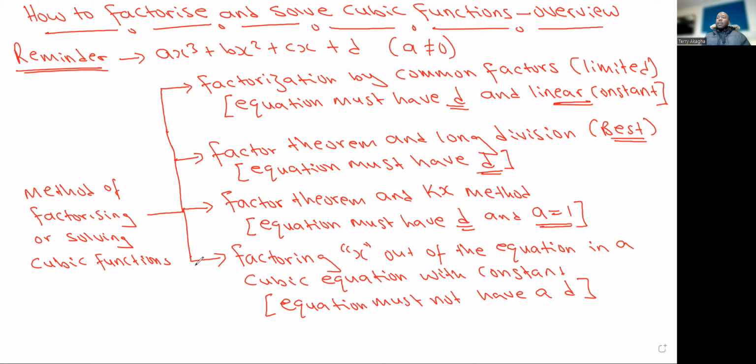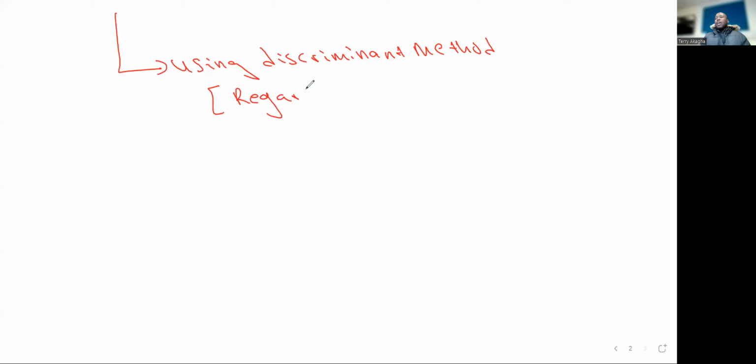Then the next one, which we're not going to talk about, is what we call the using discriminant method. This method works regardless of d. But we're not going to talk about it in this video.